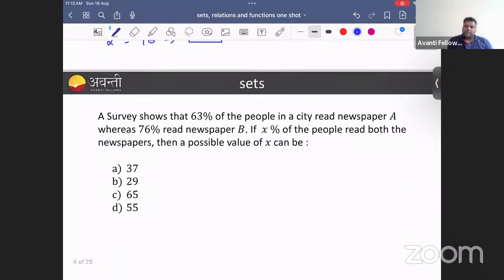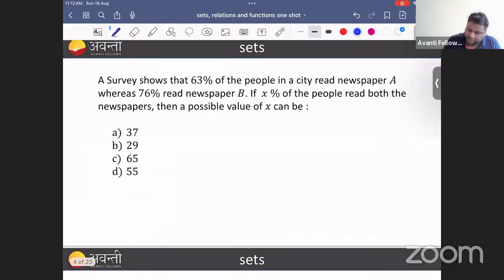Now, see, again a very beautiful question. A survey shows that 63% of people in a city read newspaper A, whereas 76% read newspaper B. Got it? Before that, I would like to give you a formula.